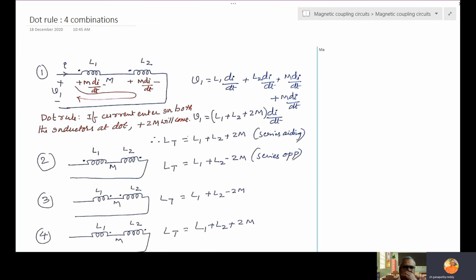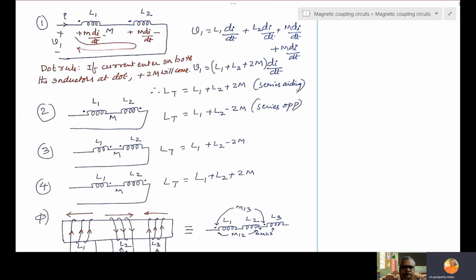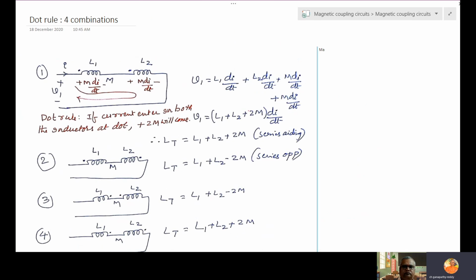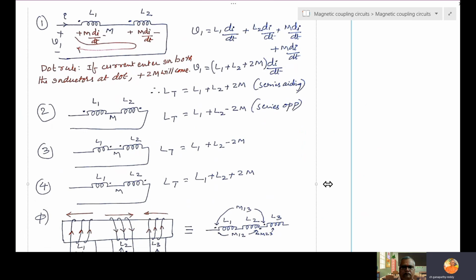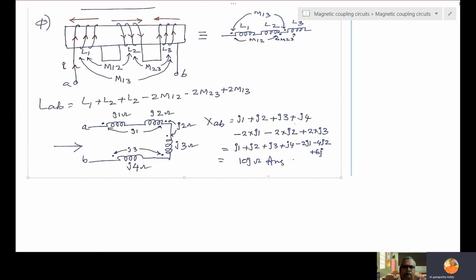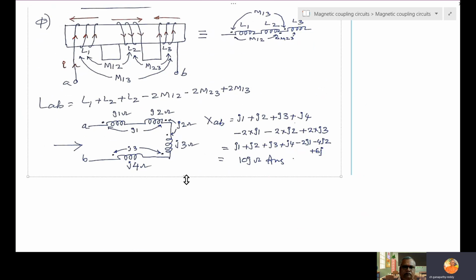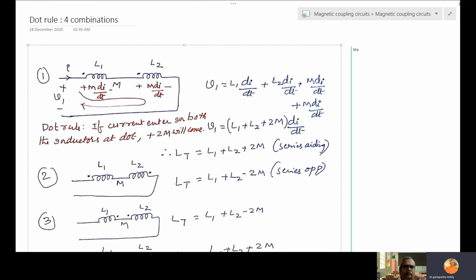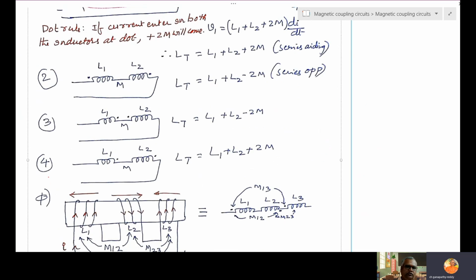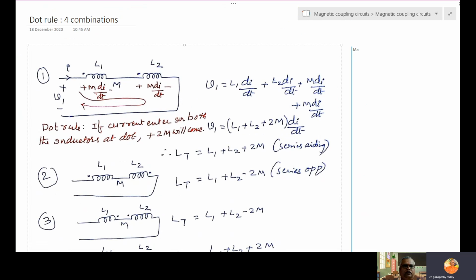Next, we will discuss the dot rule. So these are the four cases: case 1, case 2, case 3, case 4.